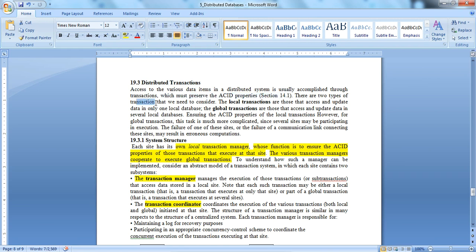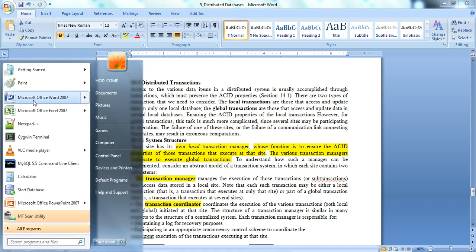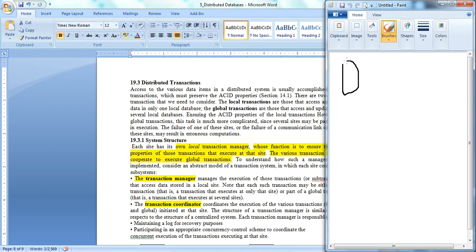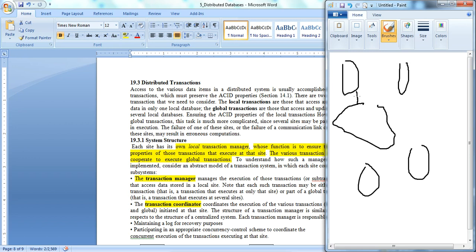There are two types of transaction that we need to consider. The local transaction: we have multiple nodes, one node, another node, another node, and the network through which they are accessed in a distributed way, right? Whatever is executed at a single node is called a local transaction. A global transaction is one where data is updated at this node and this node, or maybe all of them, so we can say that it updates something globally. That is done with the global transaction.